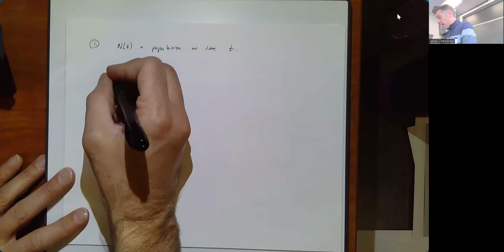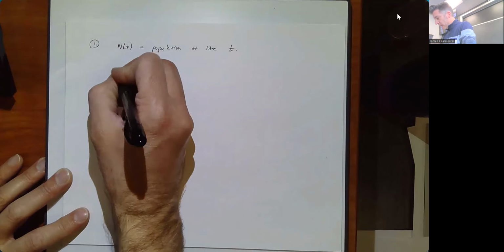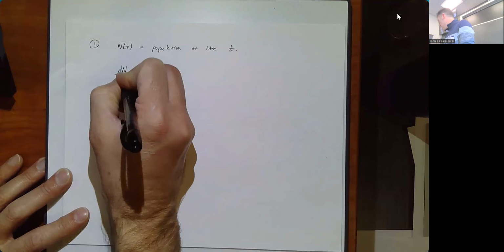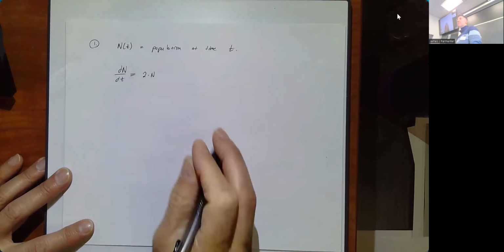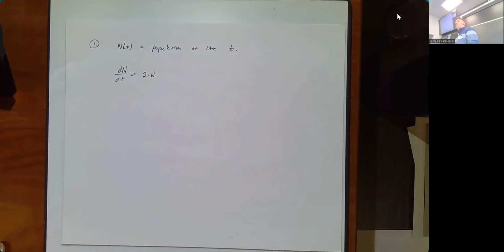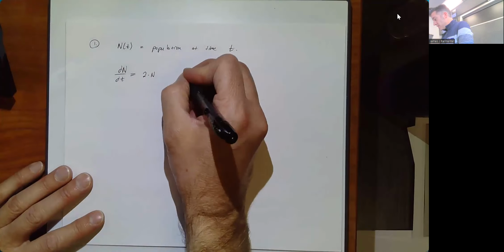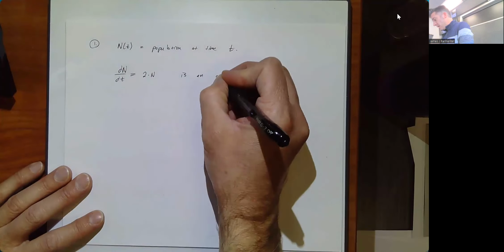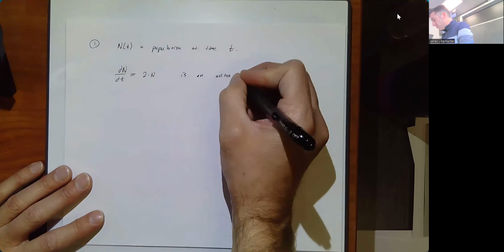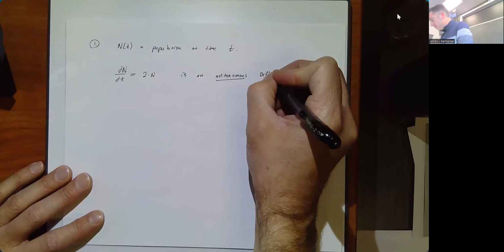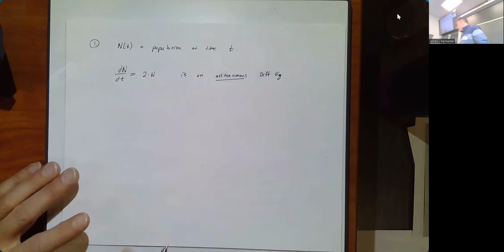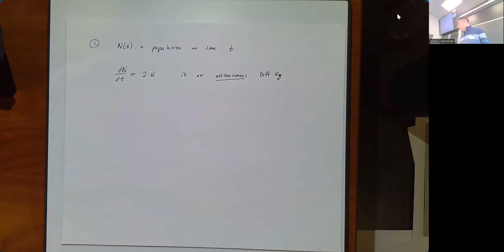So if we have dN/dt equal to 2 times N, this is a differential equation, and it's called an autonomous differential equation. The reason it's called that is because it doesn't depend on time at all.